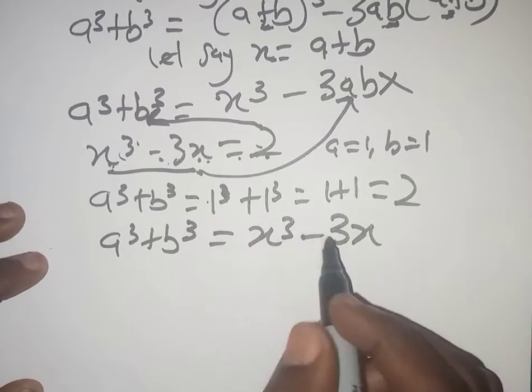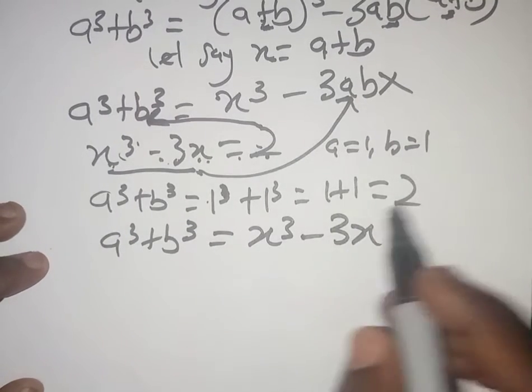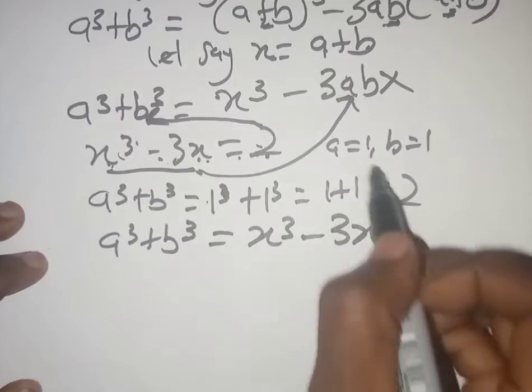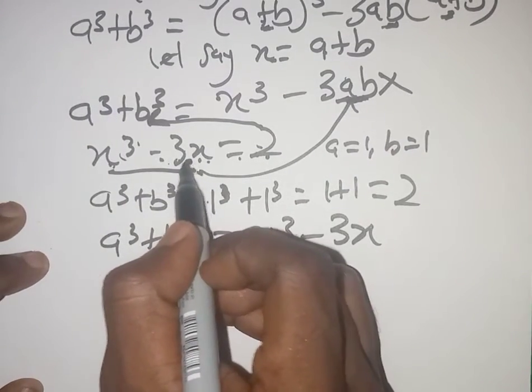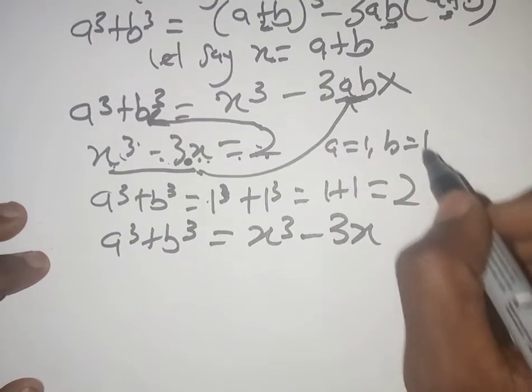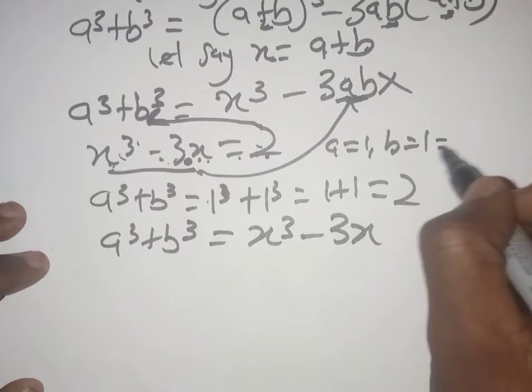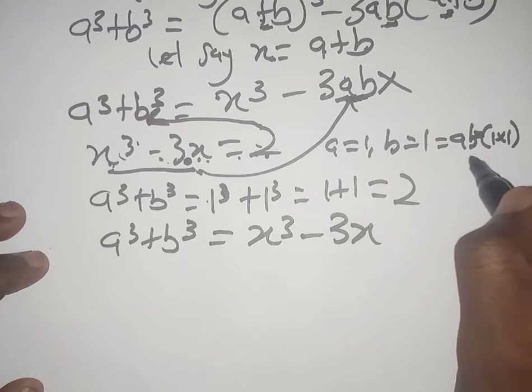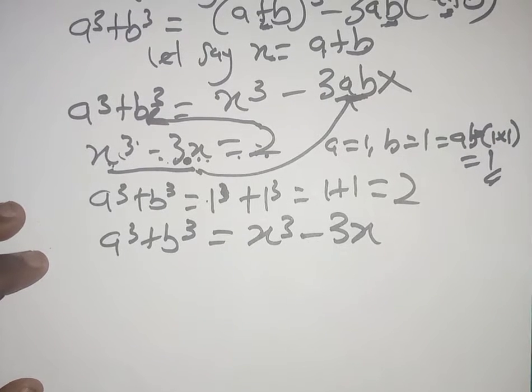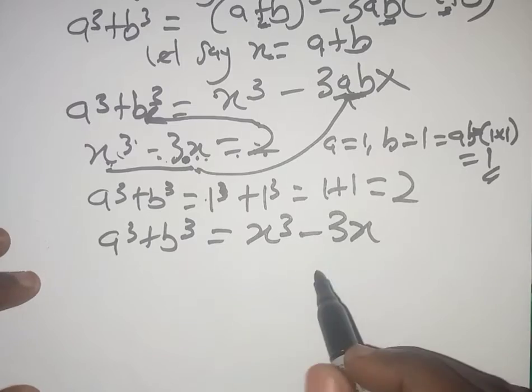Now if that is the case, then because if a equals 1 and b equals 1, ab, which is 1 times 1 here, will be equal to 1 in this case. So basically a is 1, b is 1 in this case.